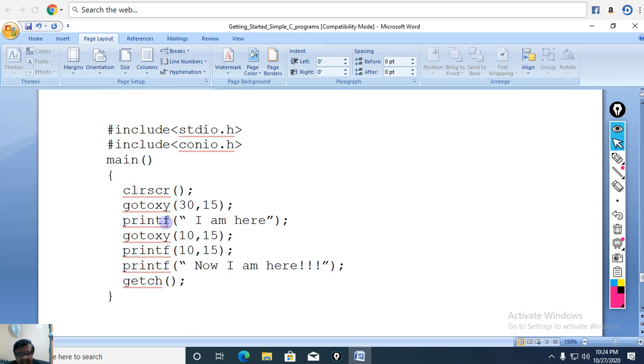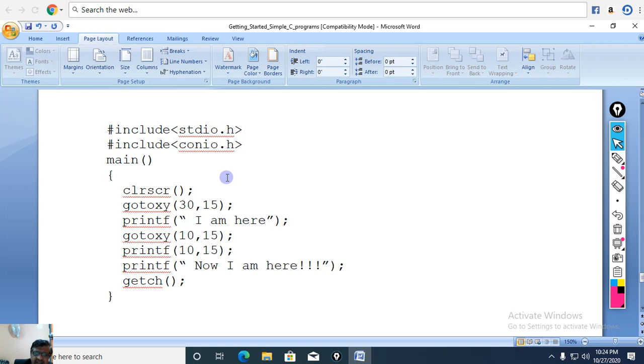How exactly functions like clrscr and gotoxy should behave is written in this particular header file. These are called header files because they are included at the head, in the beginning of the program. Header files are provided by the language itself. It comes with the language kit.